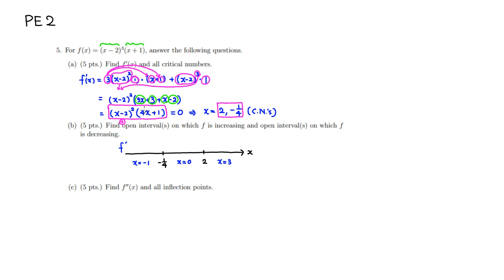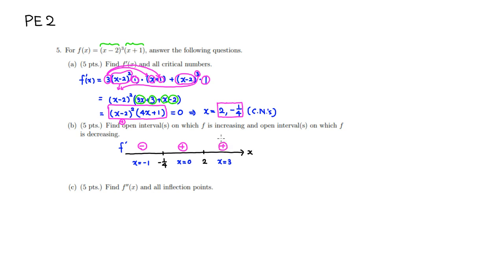So it all depends on the sign of 4x plus 1. If you plug in negative 1, negative 4 plus 1, that's going to be negative, so we have a negative sign here. If you plug in 0, 0 plus 1, that's going to be positive here. And if you plug in 3, 12 plus 1, that's going to be positive here.